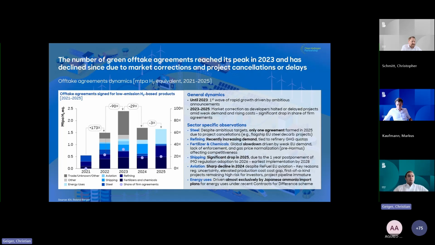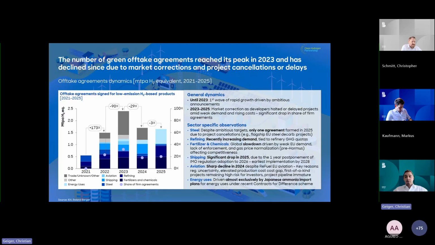What's also worth noting is the light purple dot in the chart, which represents the share of firm agreements out of the offtake agreements depicted here. What first comes to the eye is that in 22 we saw a strong uptake in the share of firm offtake agreements compared to 21.